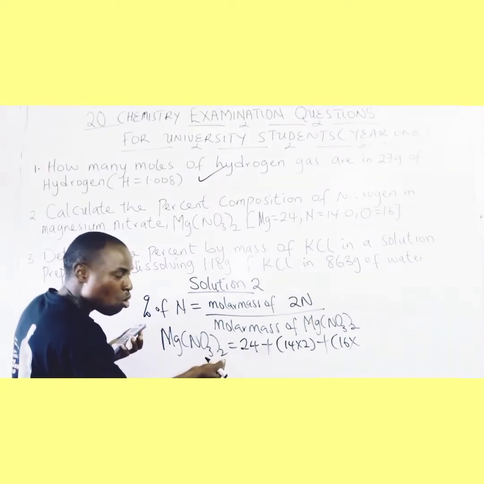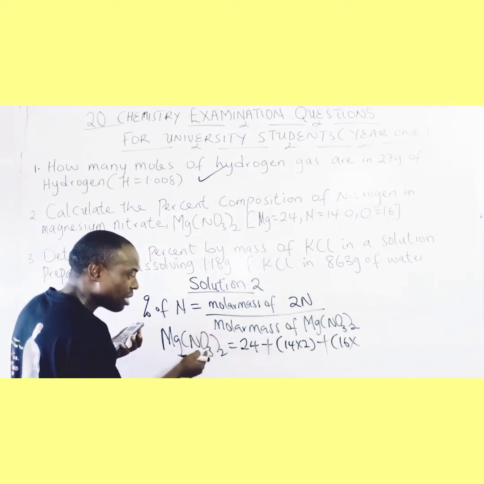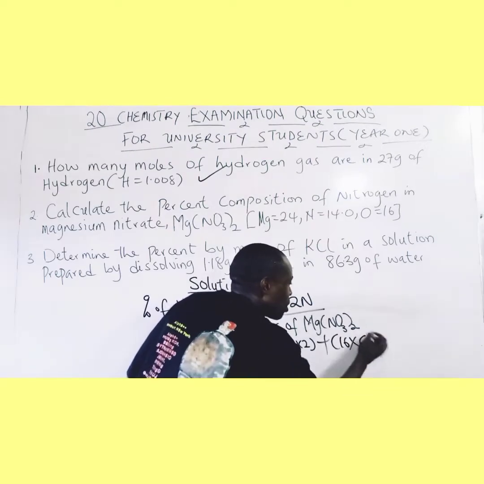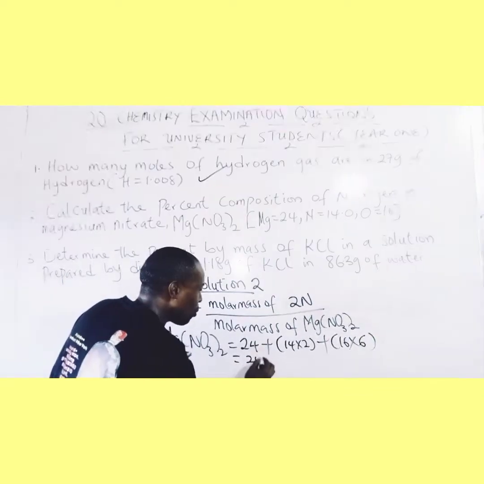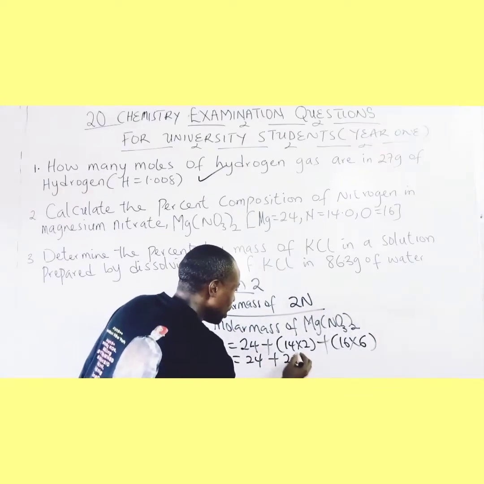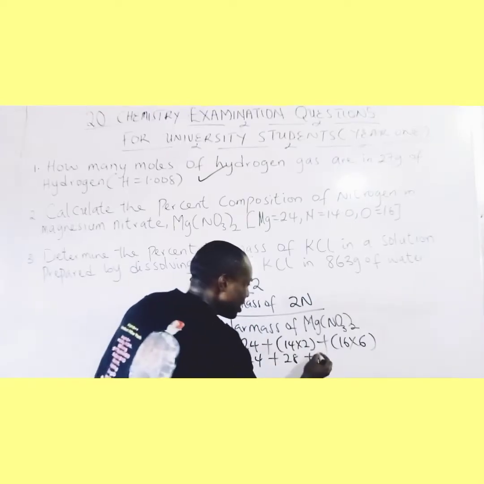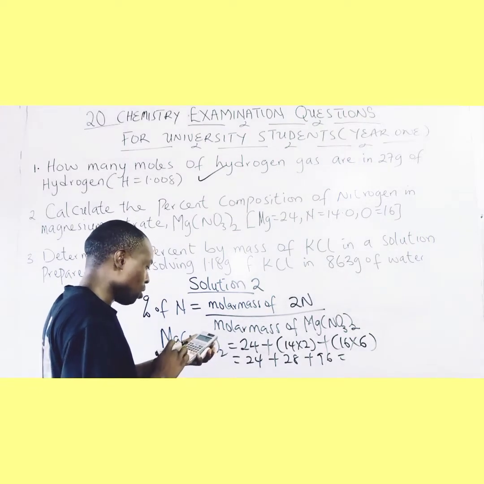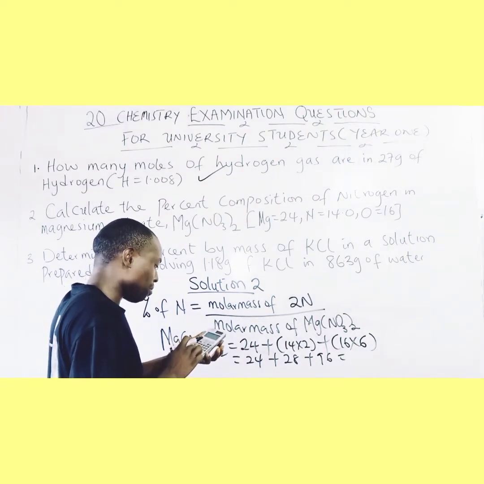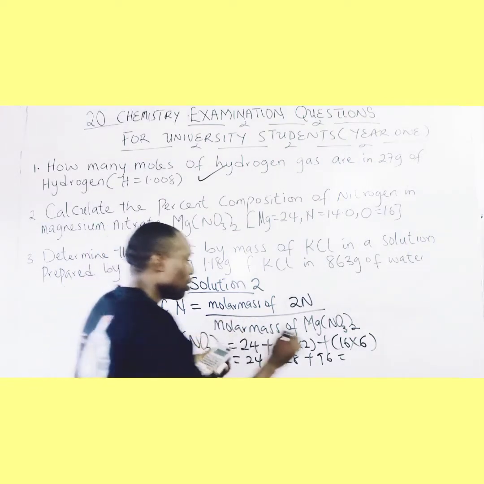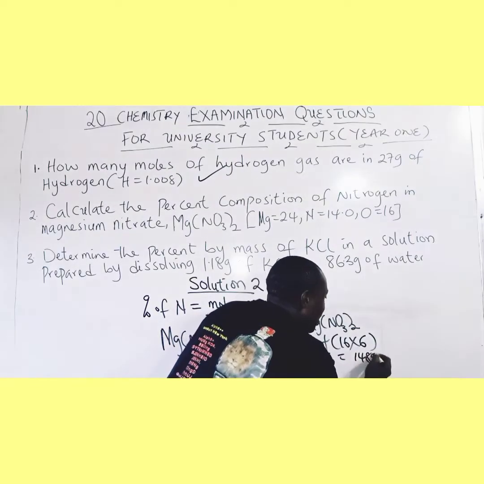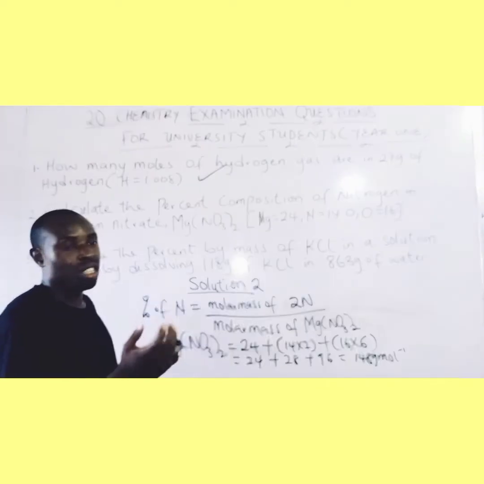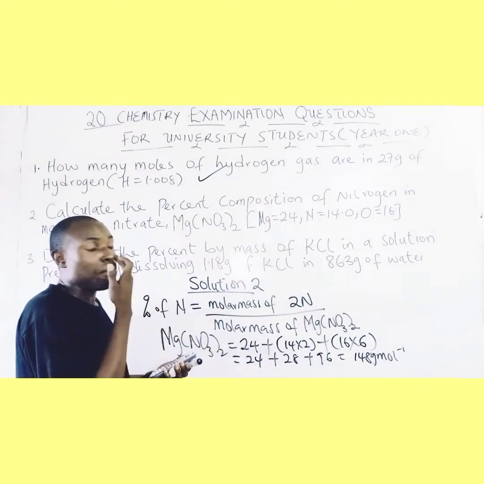The 2 multiplies everything in the bracket, so 2 times 3 is 6. Together it becomes 24 plus 28 plus 96, which is 148 grams per mole.